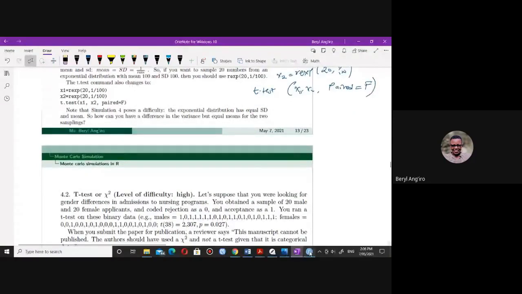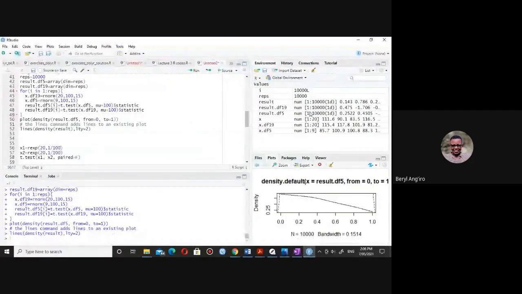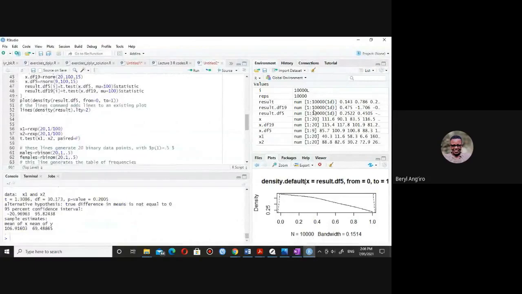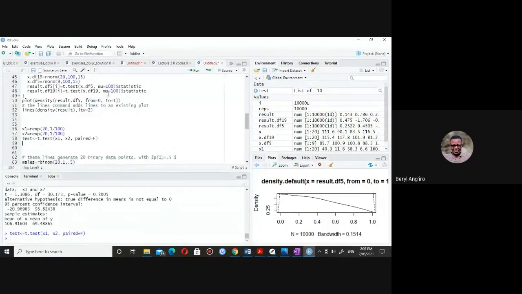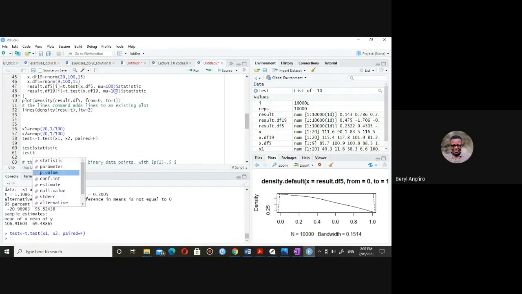So first, let us run this, and let's give it the name test. Then we can extract the test statistic and also extract the p-value.